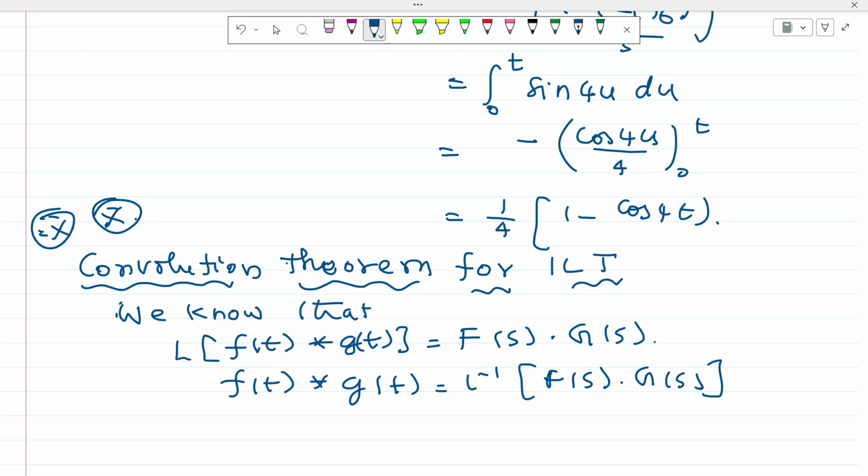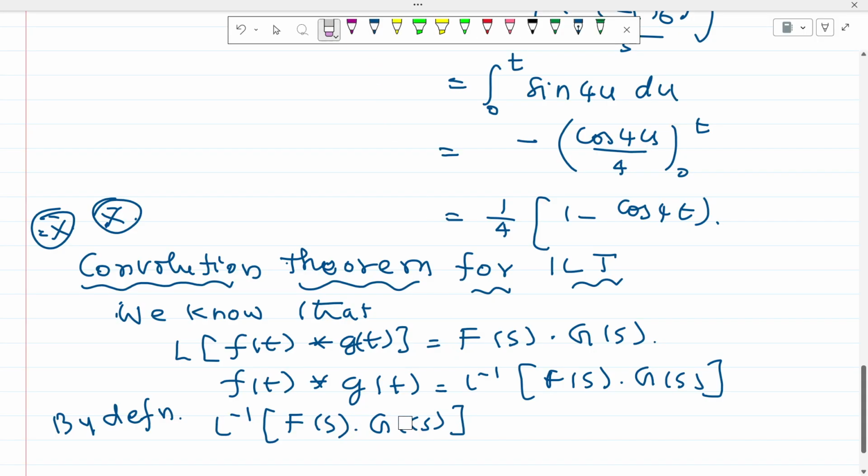So here we can see that L inverse of F(s)·G(s) is there. What is the formula here? By the definition of convolution, I have given the formula.